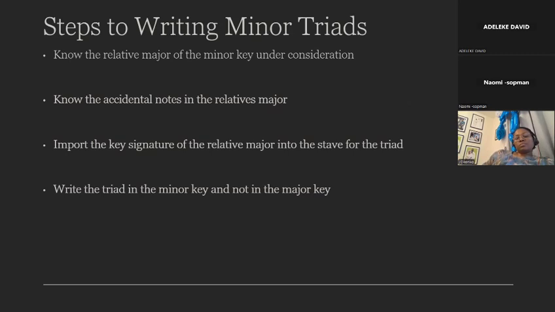That's like 3 different components coming together to form a topic. So when you are writing a minor triad, you have to write the triads in that minor key, but the only thing is to bring the accidental or the key signature of the major key into it. And that's what you need to do.